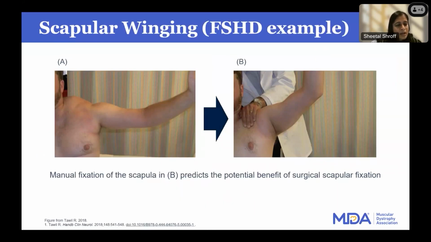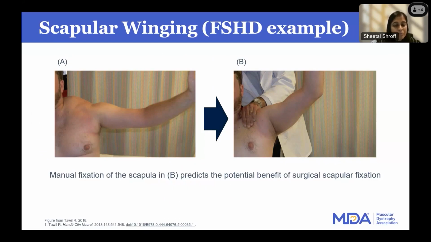Now here, this is again a patient with facioscapulohumeral dystrophy. You can see in figure A, when the patient is asked to lift their arm to the side, to abduct their arm, they can only go to a certain level.